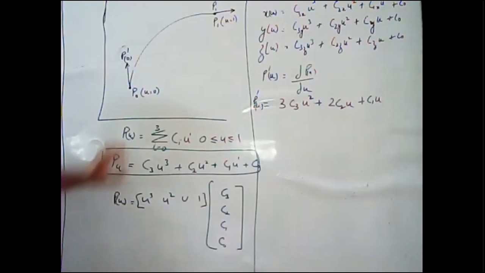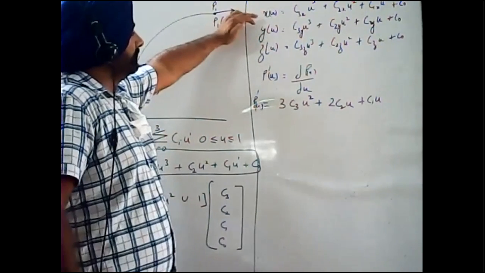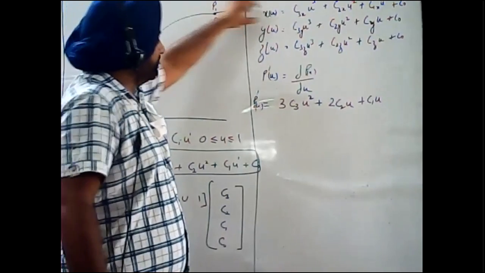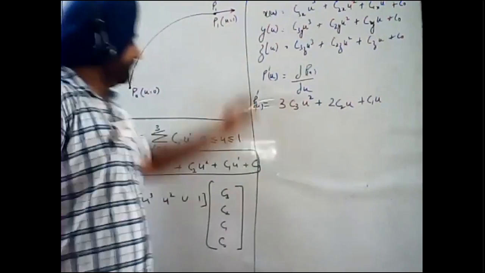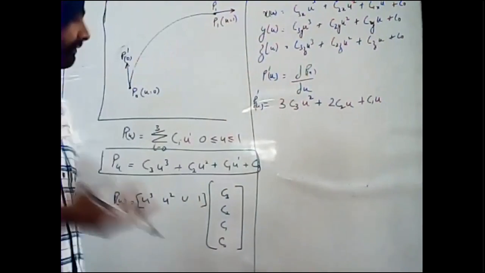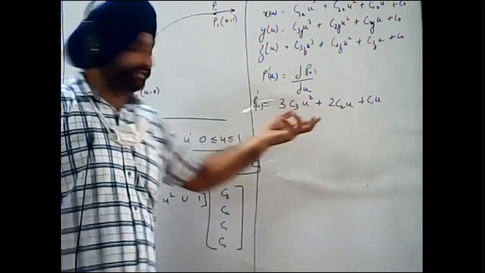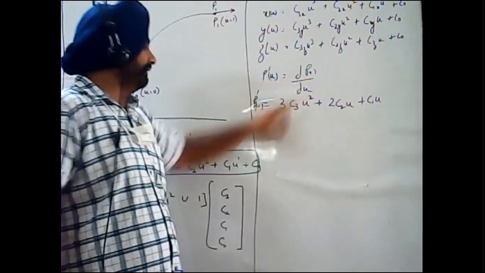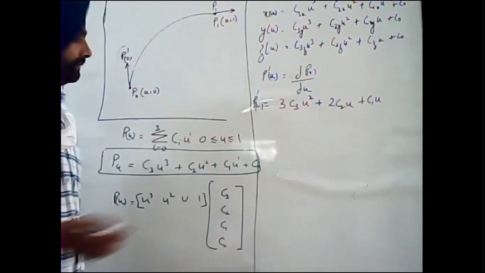Now this is the matrix form of this equation, right? Then moving on, this is the equation written in the form of x, y, and z. Then we have to calculate the tangents also. The tangent of a particular point is the differential of the original point. So we are taking the differential of this equation with respect to u.